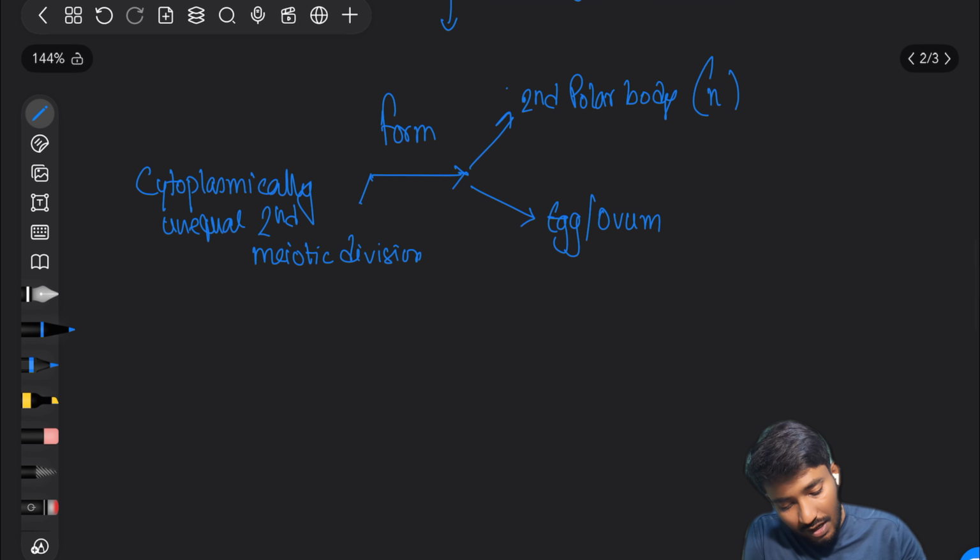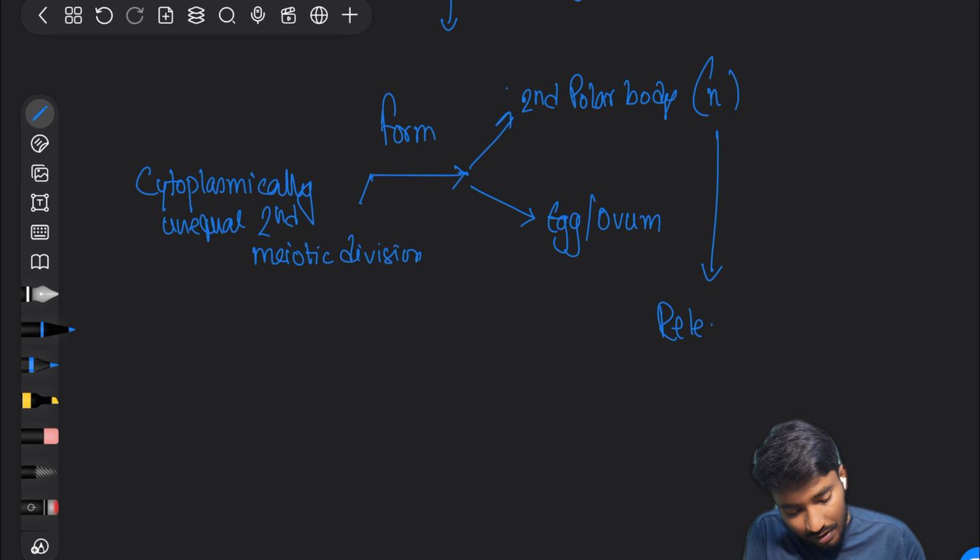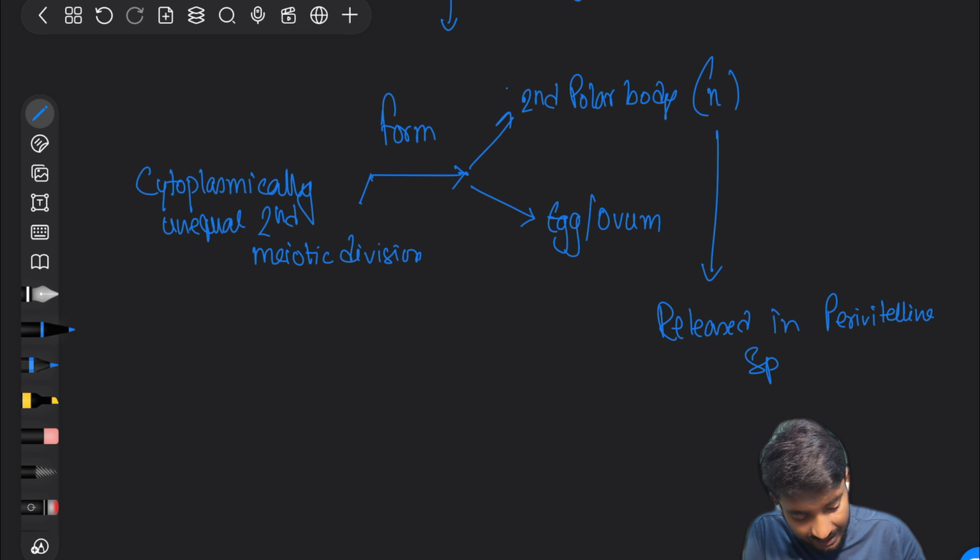Okay, now the second polar body is N. So now what happens to the second polar body? It is released in the perivitelline space.